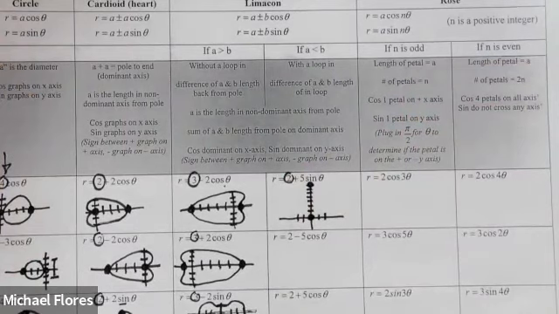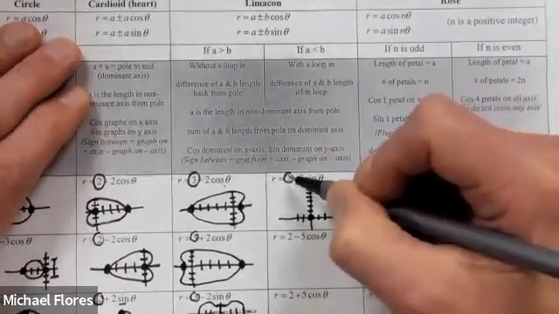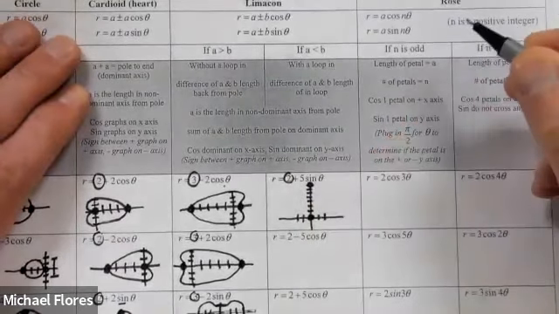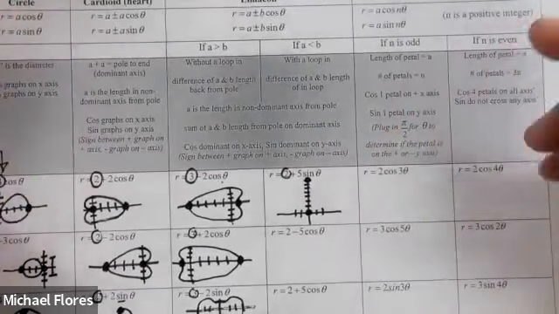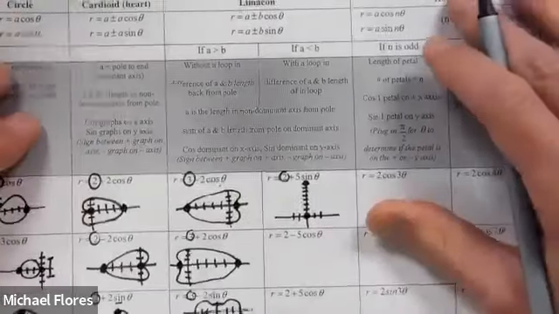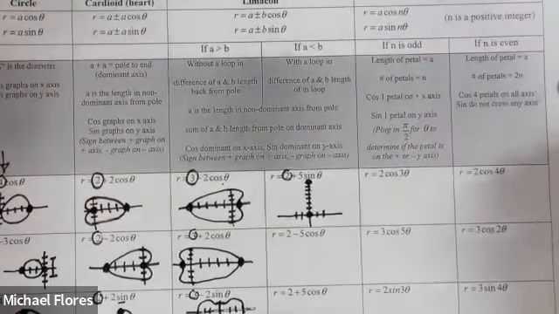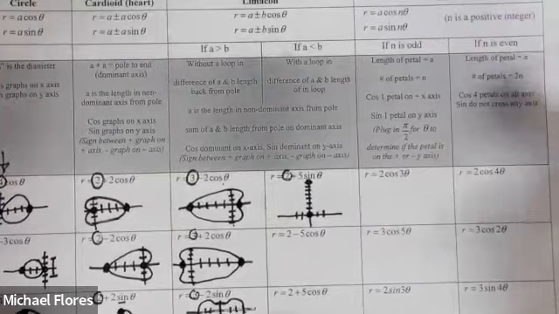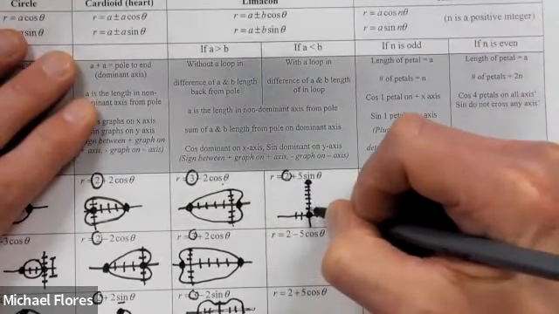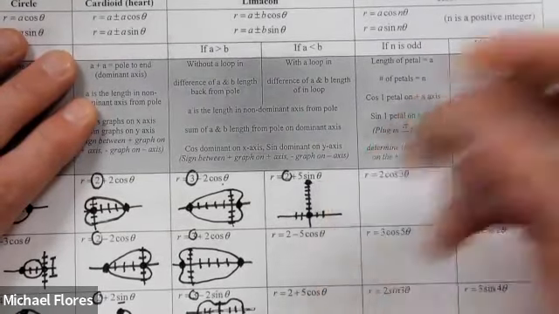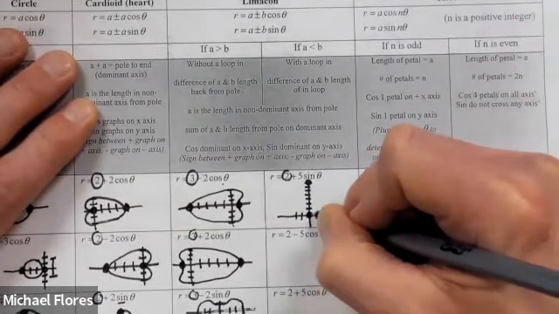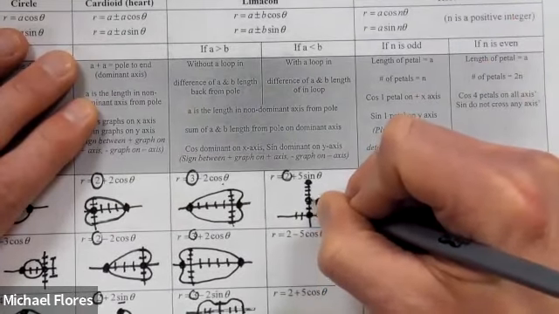Okay, now, how do we graph the little loop-de-loo? In order to do that, that's going to be A minus B. Don't worry about 2 minus 5, okay? Just 5 minus 2. That's 3, okay? So from the pole, we want to go towards our furthest most point, 3 steps, 1, 2, 3, okay?